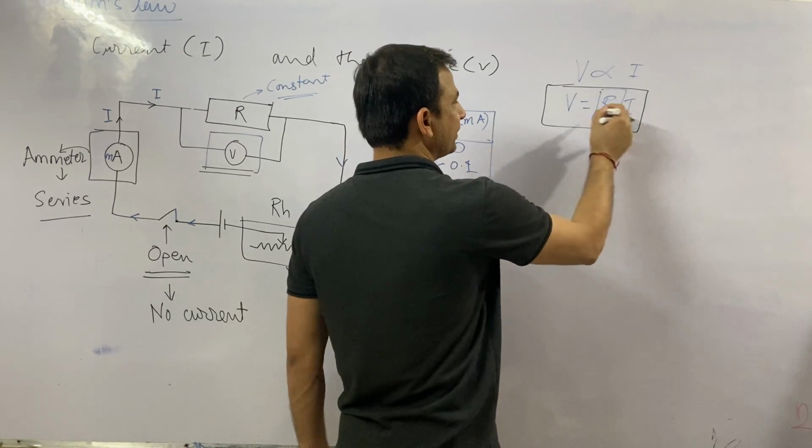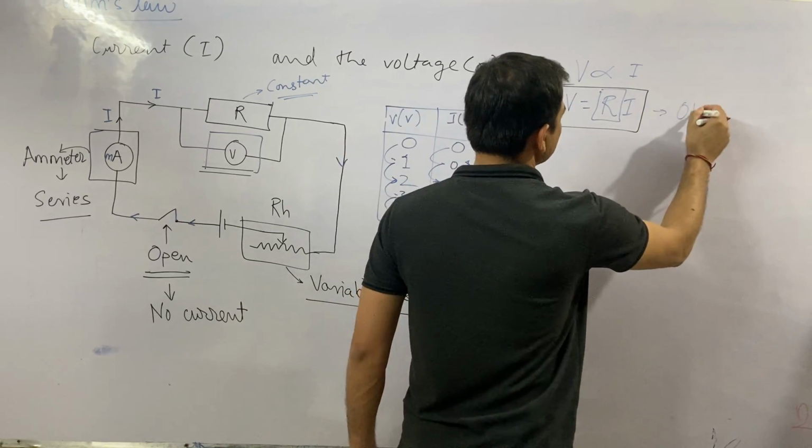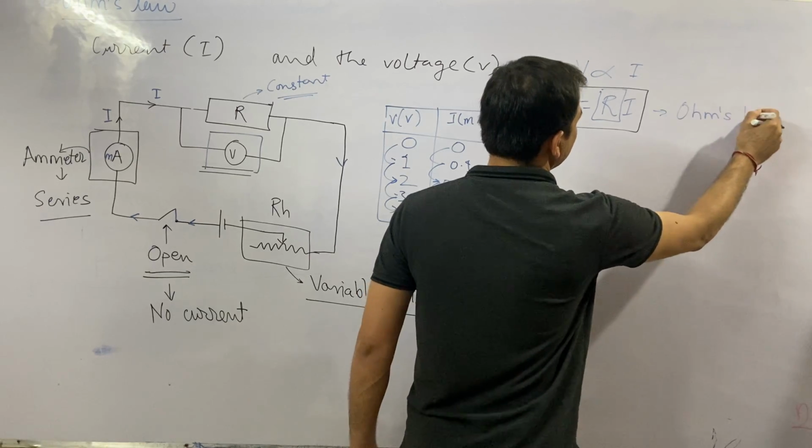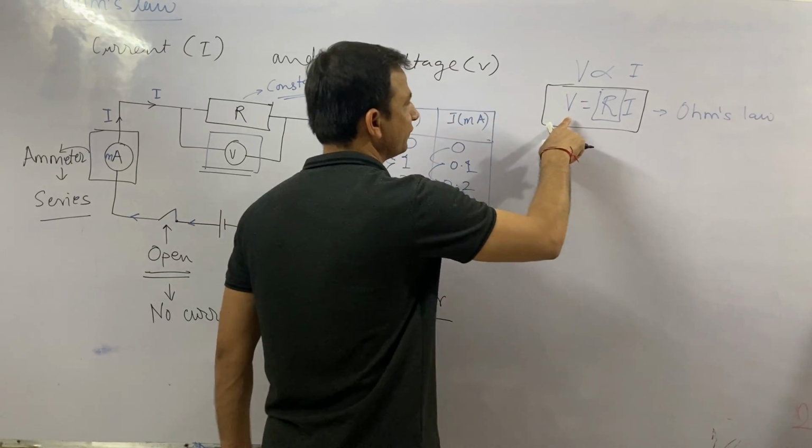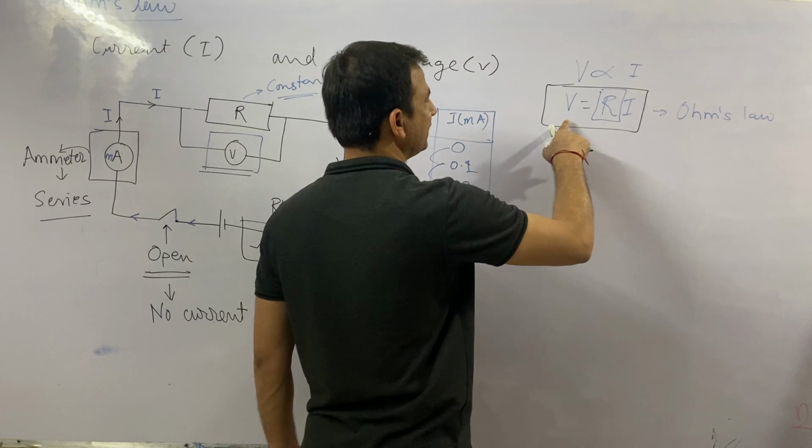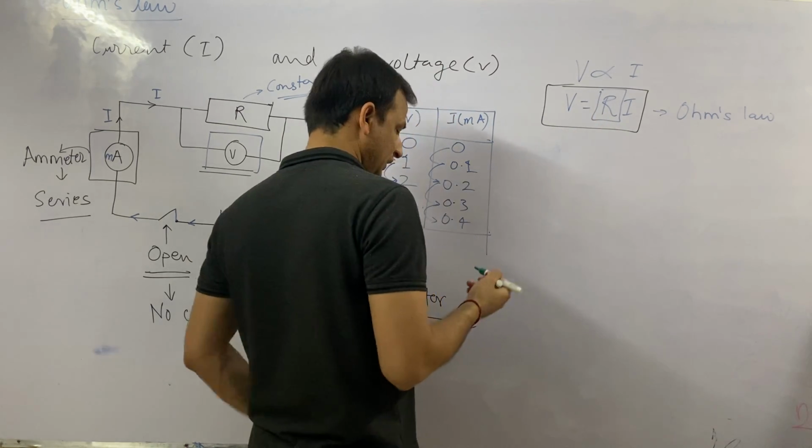Now you are getting a relation, and this is called Ohm's law. Ohm's law says that the voltage is directly proportional to current, or V is equal to RI.